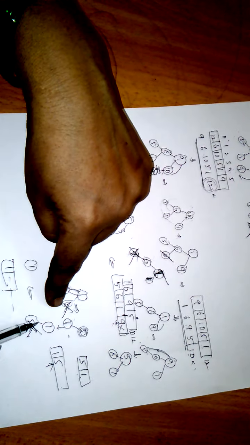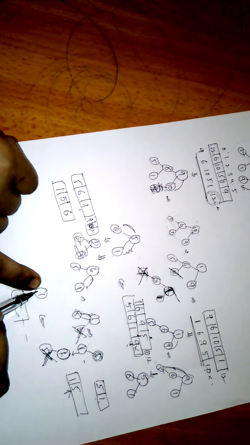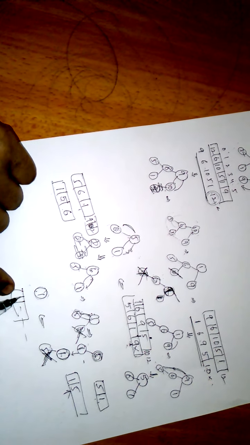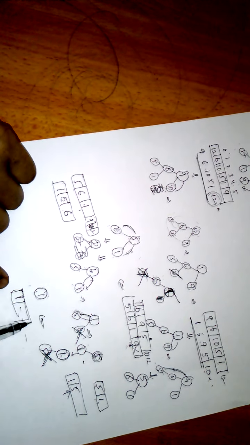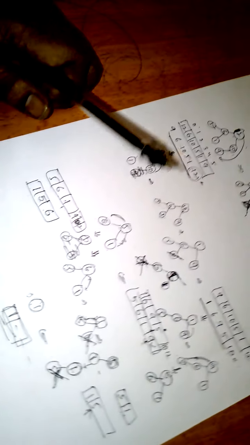Remove this one, and the remaining element is 1. Now 5, 6, 9, 10, 12 are in correct positions and the remaining is 1. Only one node, so put it in the 0th position. This is called heap sort. So try to listen to this twice or thrice.